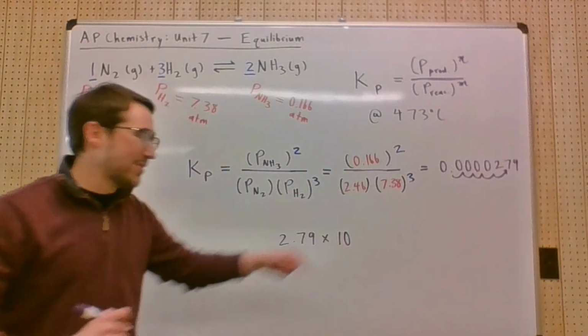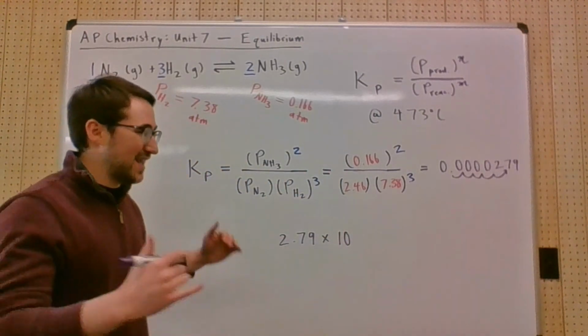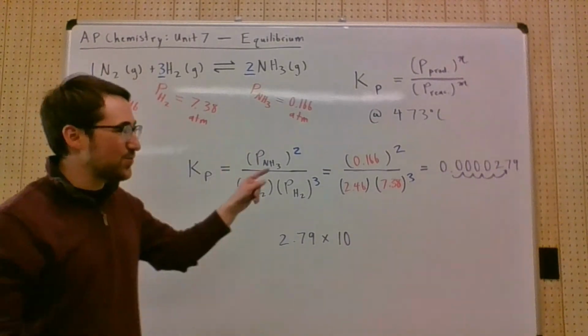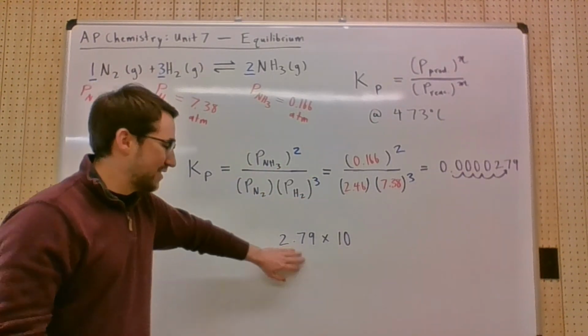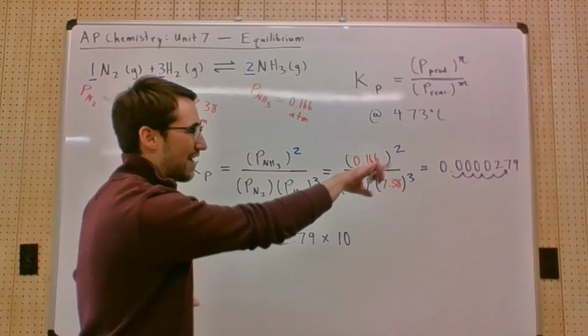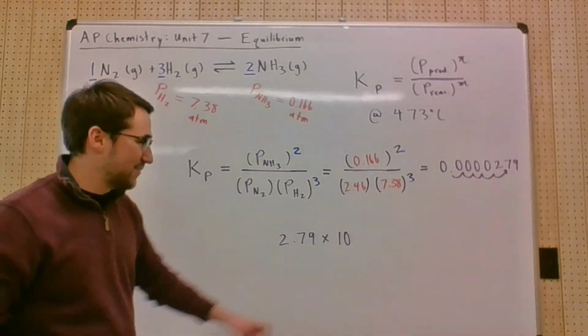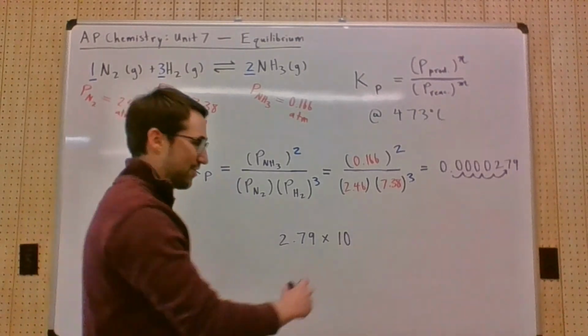The number that goes up as the exponent is how many tens places I had to go to get this 2.79. I moved 5 spots, so that's going to be 10 to the 5th power.